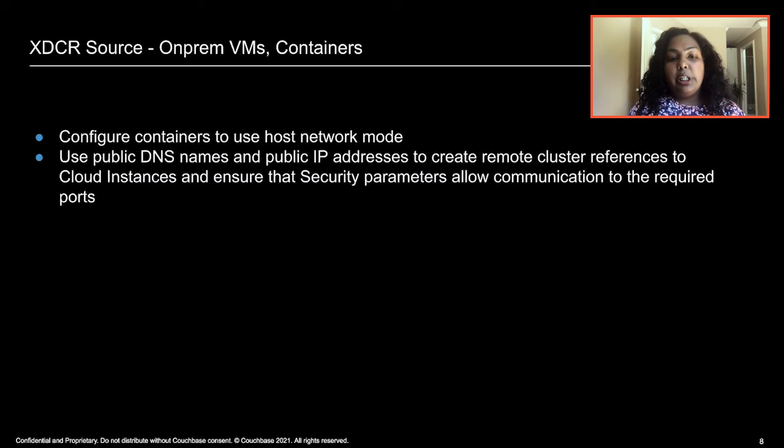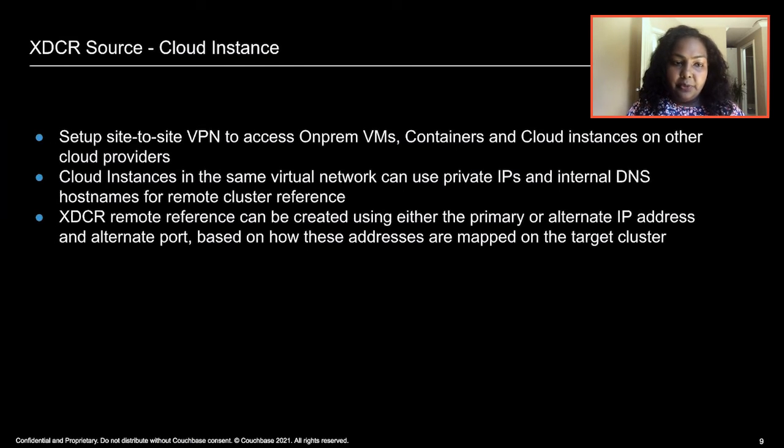You also need to open up all the ports needed for Couchbase in your cloud instance in order to have the communication set up. And cloud to cloud, like I said, you need to set up a site-to-site VPN or a VPC if you are talking between cloud instances.